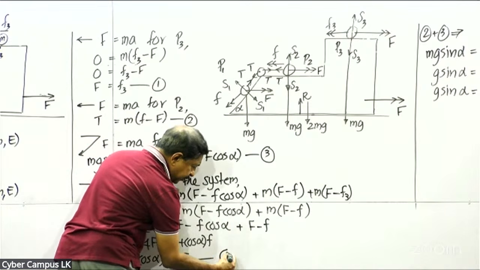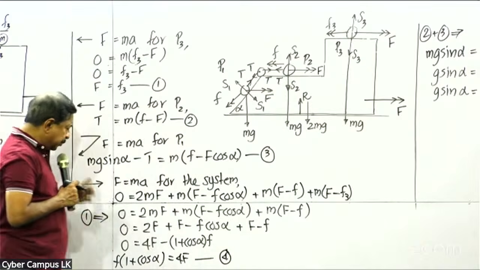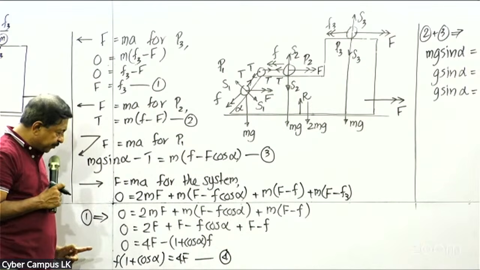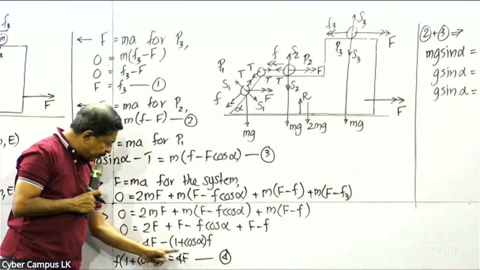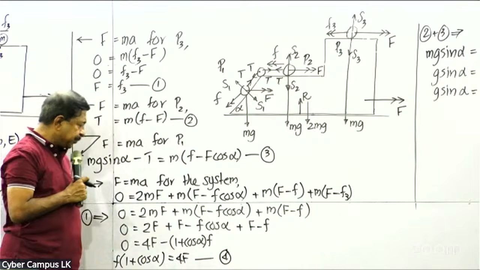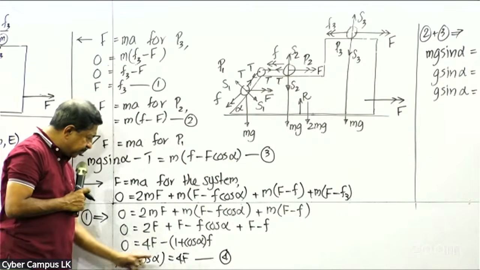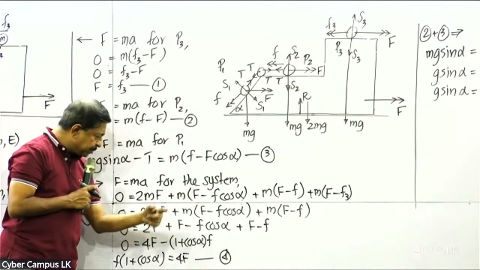I label this as 4 because we need to eliminate simple F. Now, what is simple F? Simple F is 4F divided by 1 plus cos alpha. Simple F is 4 capital F divided by 1 plus cos alpha.